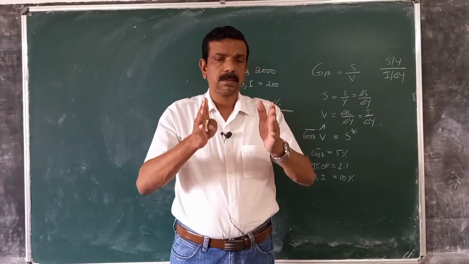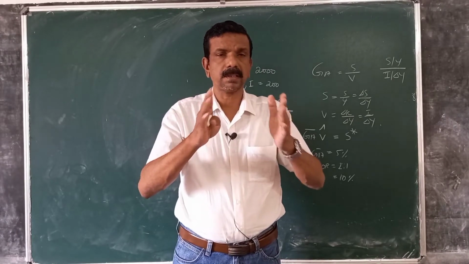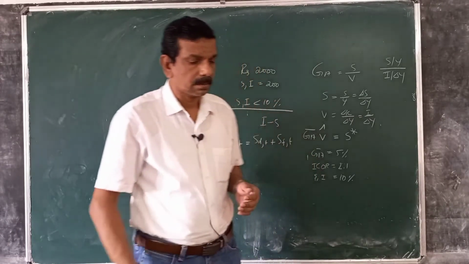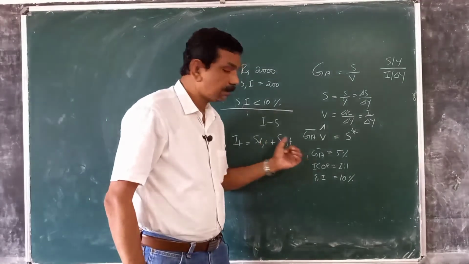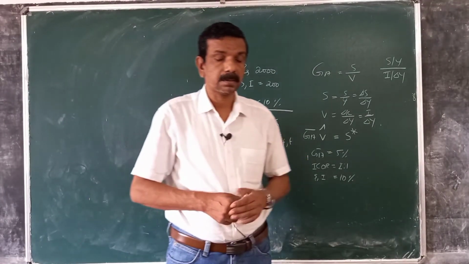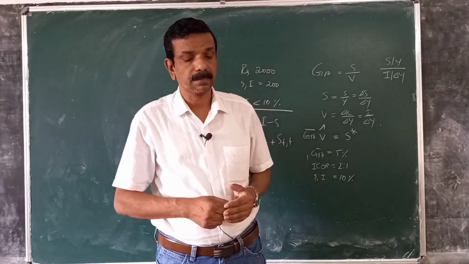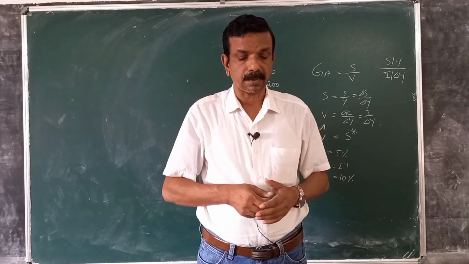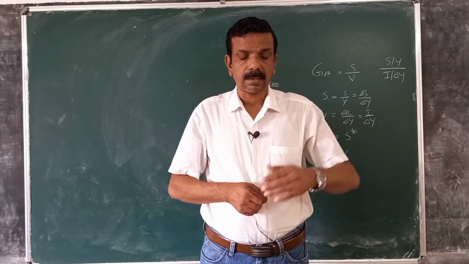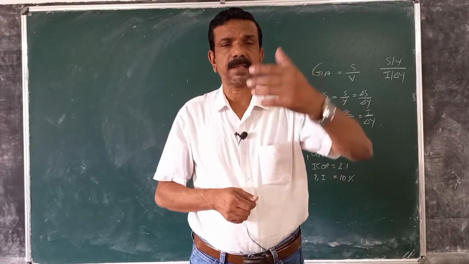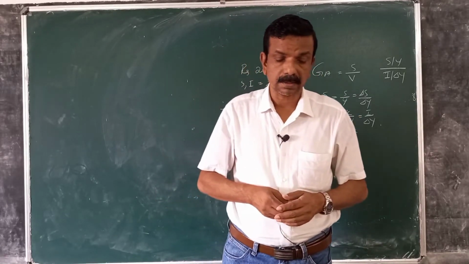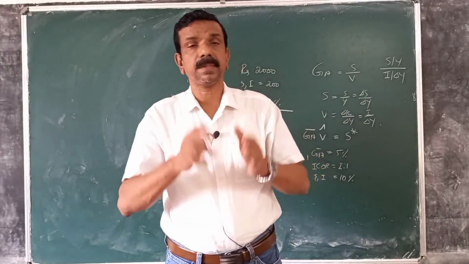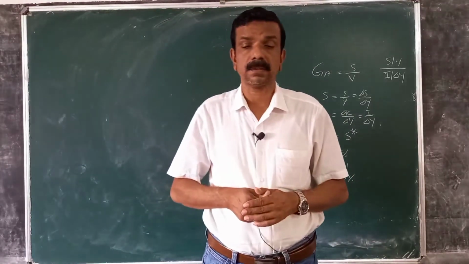And the foreign saving is indicated by the import surplus, that is the difference between the value of imports and exports, and it will be reflected as what is known as balance of payment deficit in the current account.